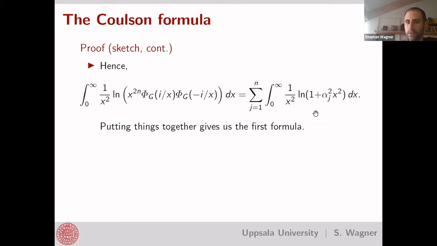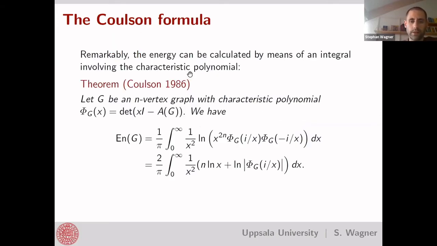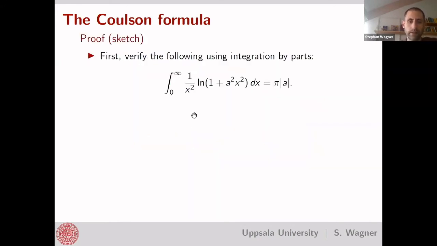And we saw earlier that each of these integrals is just the absolute value of alpha j. So I've got exactly the definition of the energy. So putting everything together, I get the first formula that I was showing you earlier, this one here. And then for the other, you just manipulate a little bit, basically.